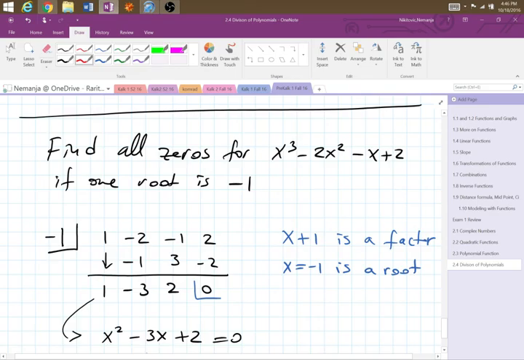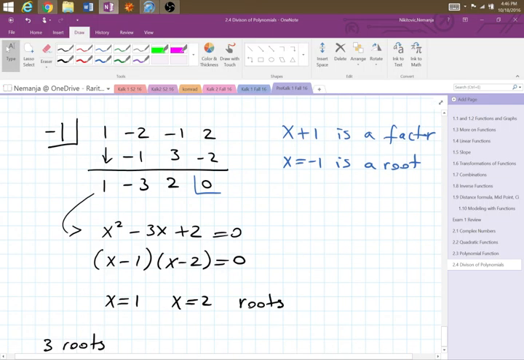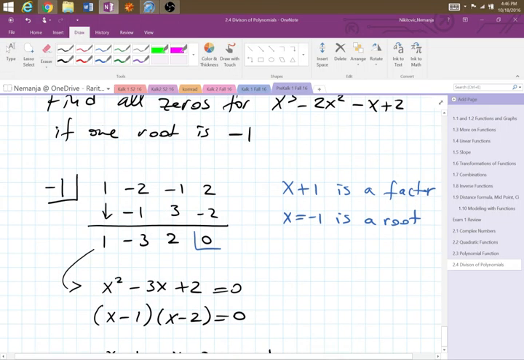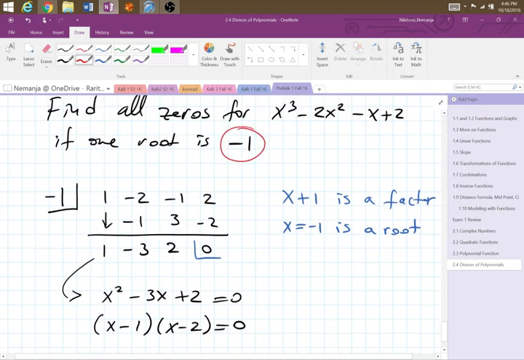The fact here is that the degree of the polynomial, which is the degree of the leading term, tells you how many roots you have, exactly how many roots you have. So, because it was x cubed, the power was 3, the exponent was 3, that means you must have 3 roots. Now, we were given 1, because we still don't know how to find the first one.